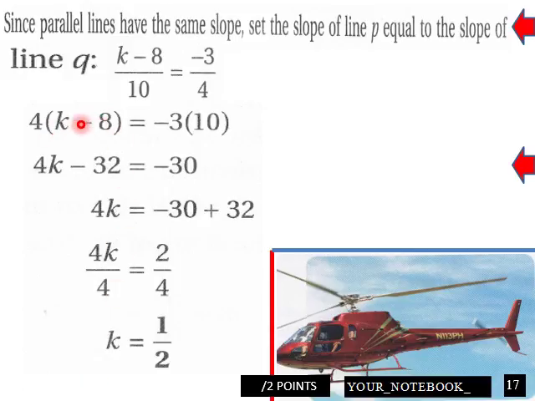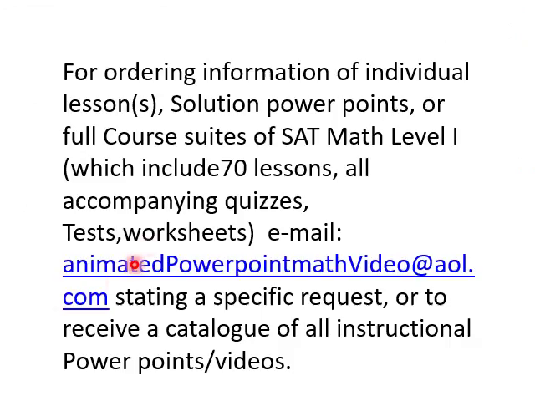So we plug that in here, 4 times k minus 8 equals negative 30. And then we get 4k equals this, k equals 1/2. So that would be our k value.